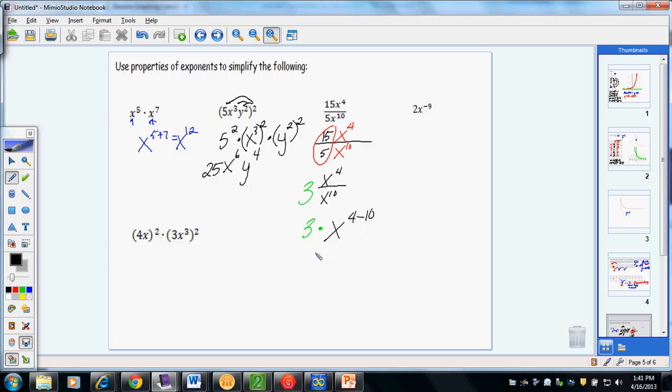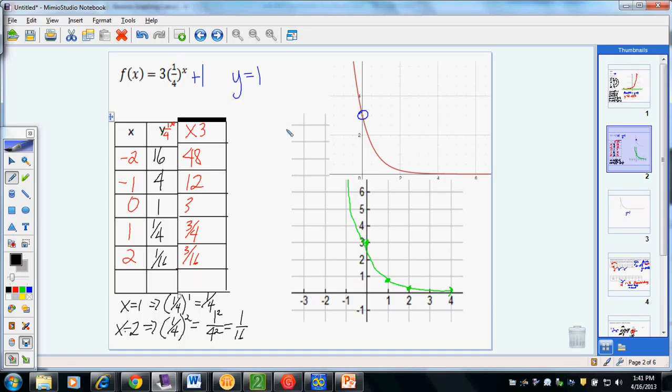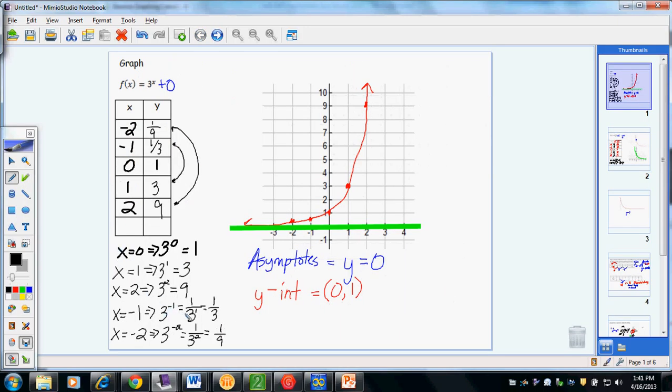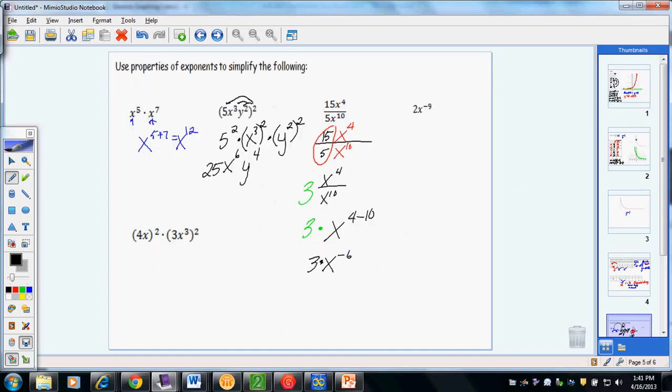So we're going to have 3 times x to the negative 6. Now this negative 6, when we look back at what we did over here, we saw that when we had a negative, we flip the base and make the exponent positive. So if we come back to this, when we flip the base and make the exponent positive, we would have 3 over x to the 6th.